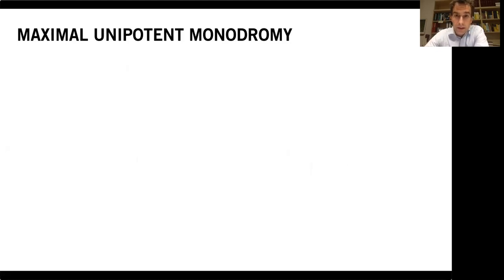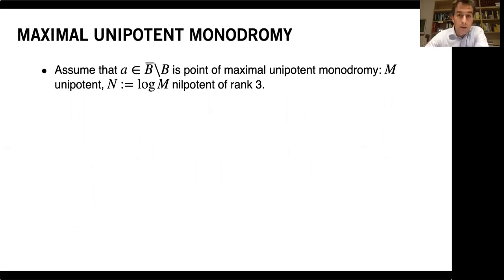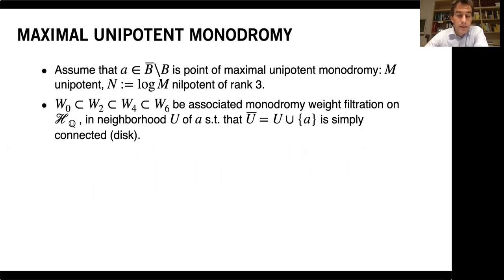This story has been told many times, from mirror symmetry by Morrison and Deligne. You look at points of maximal unipotent monodromy, and you get the monodromy weight filtration, and it's a good idea at this point to restrict to some neighborhood of this point.